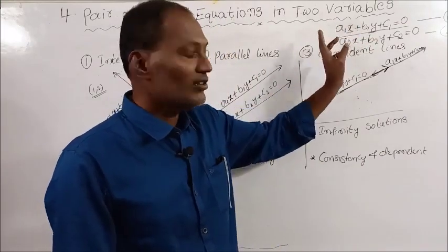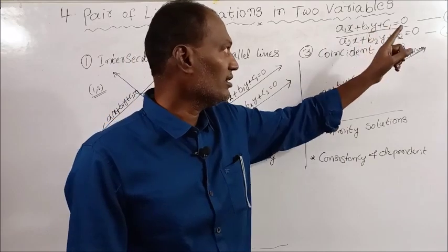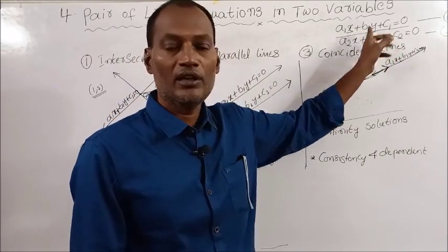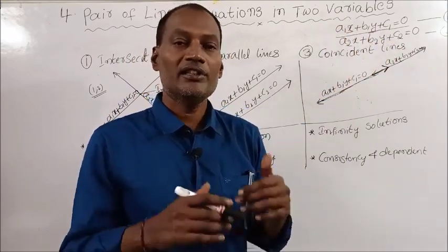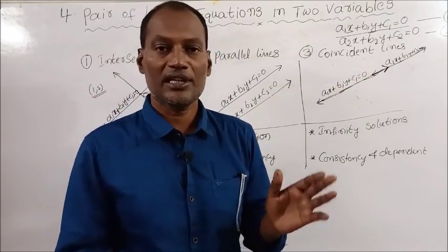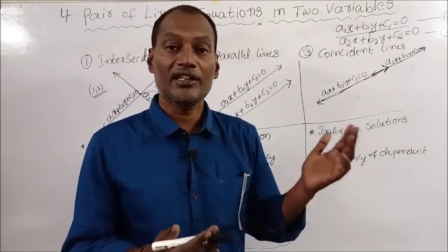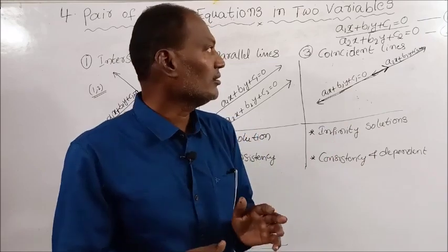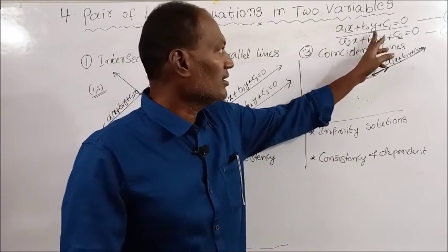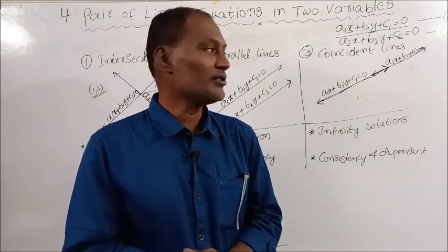We already discussed what the variables in the equation are, x and y. Not only x, y, they can give alternates also, like p, y, or t, s, t. These are the variables.